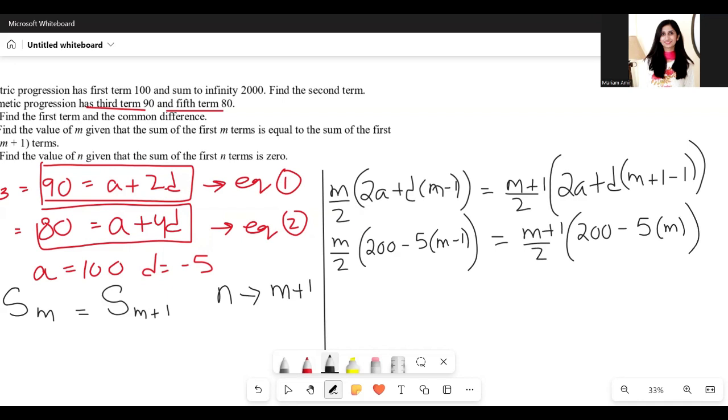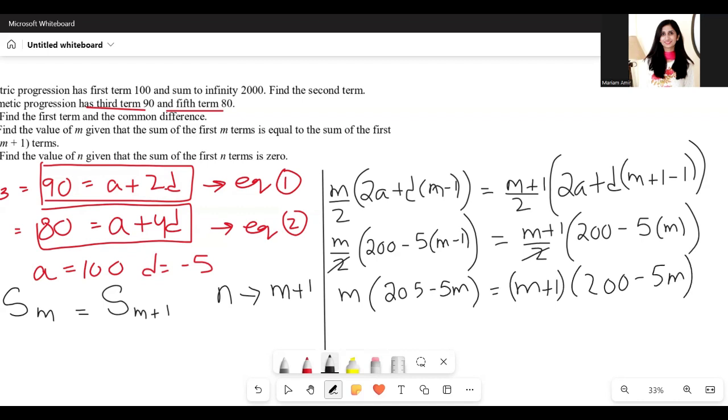Now we solve these. The 2 and 2 get cancelled. This is m times 200 minus 5m plus 5, that's going to be 205, so I'm going to write 205 directly: m times 205 minus 5m equals m plus 1 times 200 minus 5m. Expand both sides.